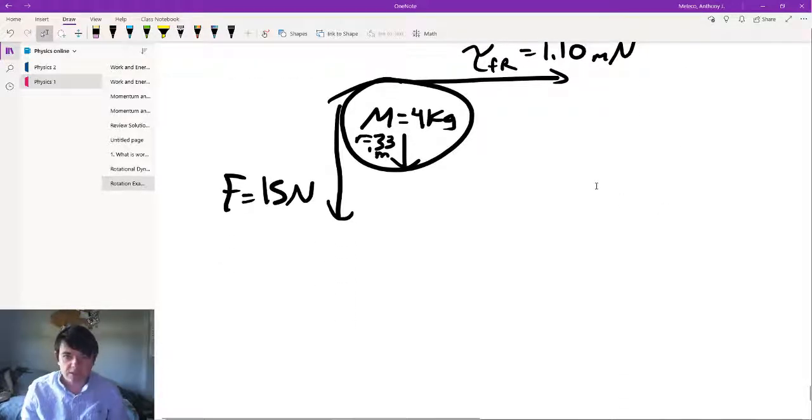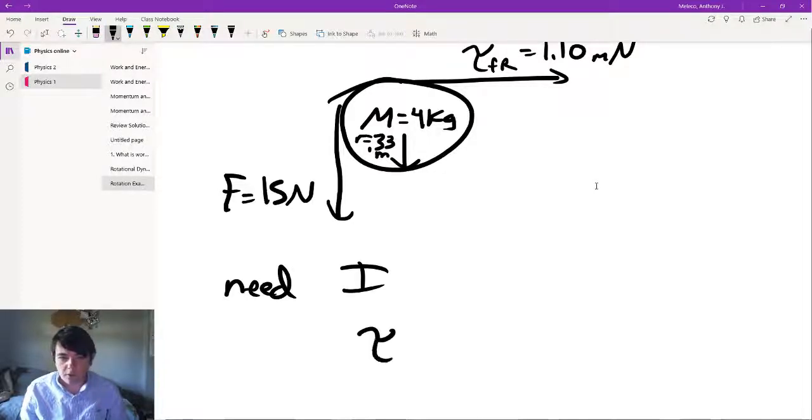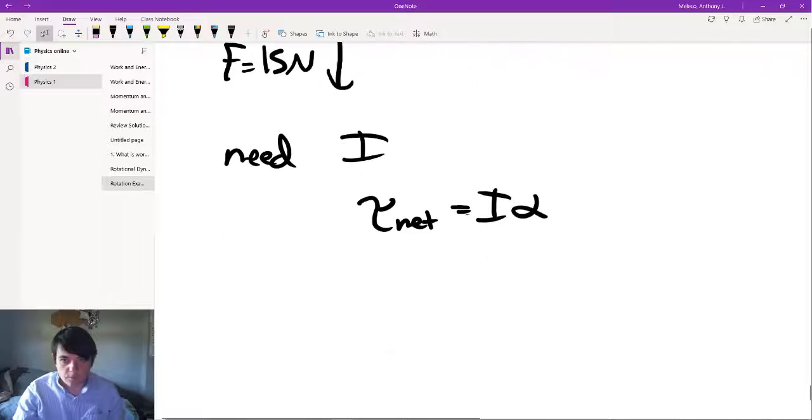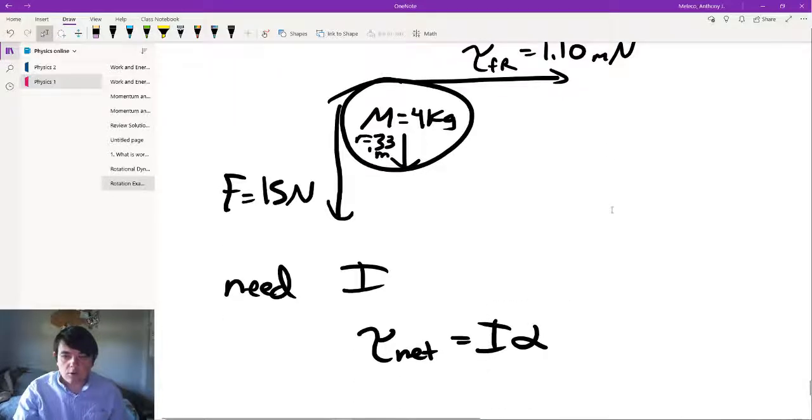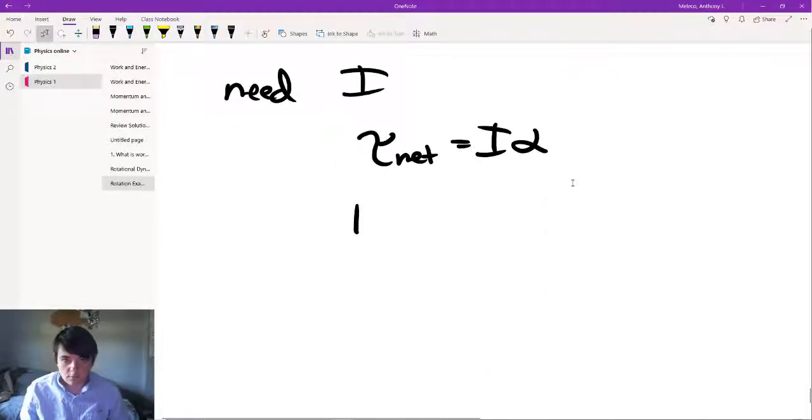Okay, so we want to determine I. Well, net torque equals I alpha. So we need net torque and alpha, and I is what we're solving for: I equals net torque over alpha.